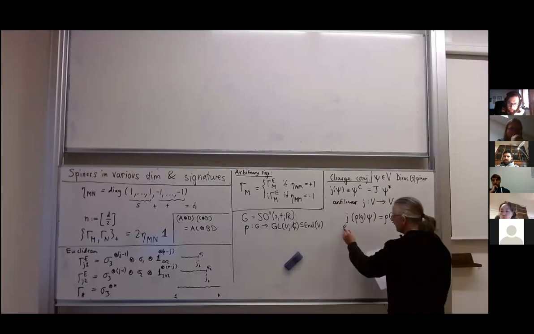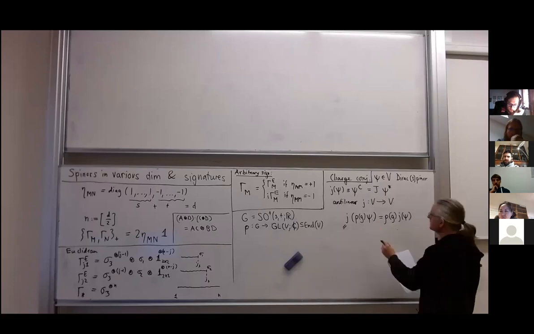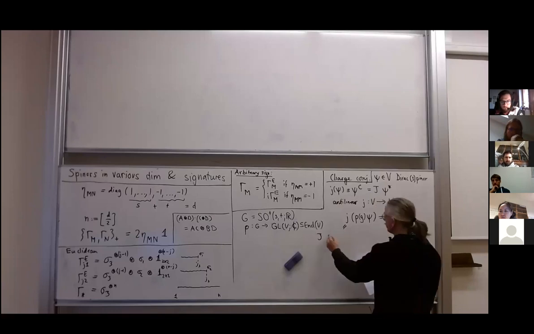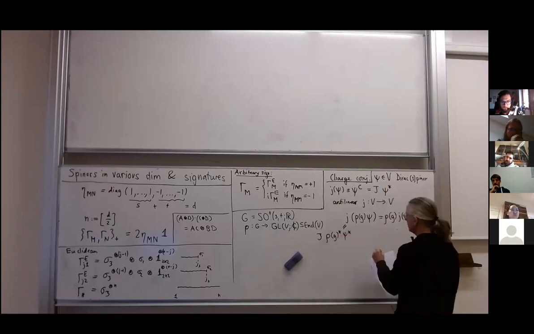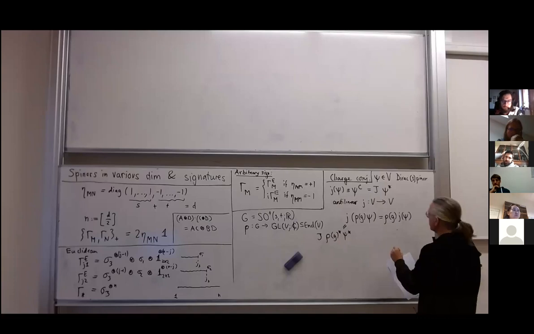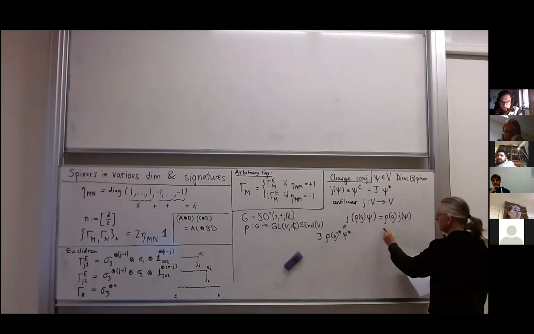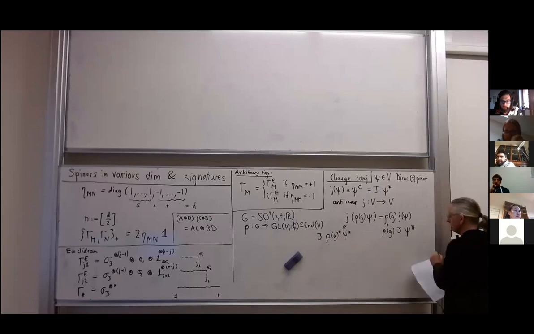So J, by definition, is equal to J, and then I would have complex conjugation, G psi, complex conjugation, I guess. And here I would get that this is equal to rho G J psi star, like this.